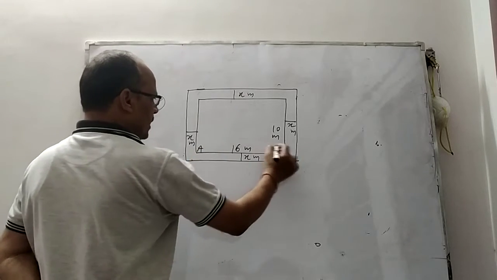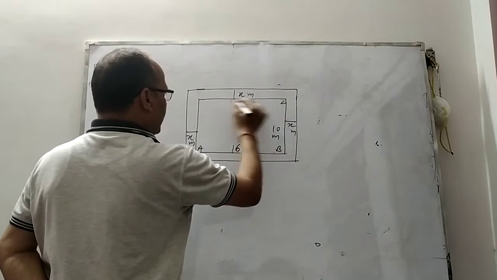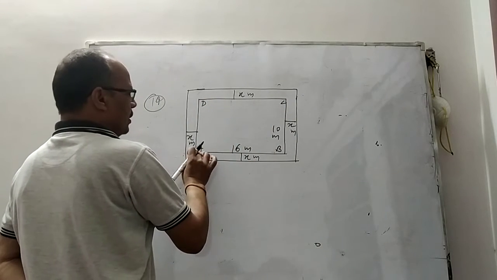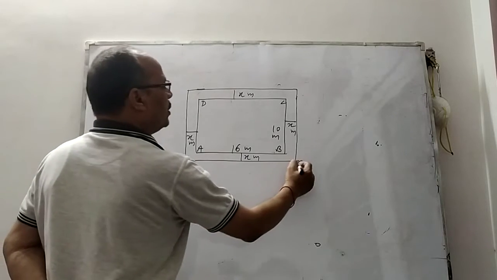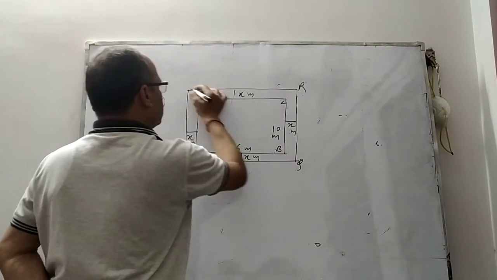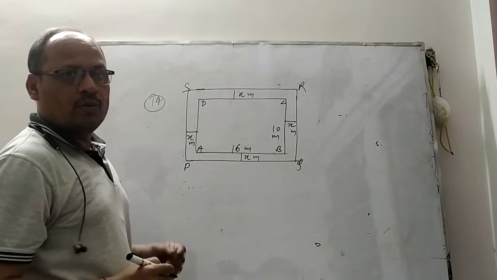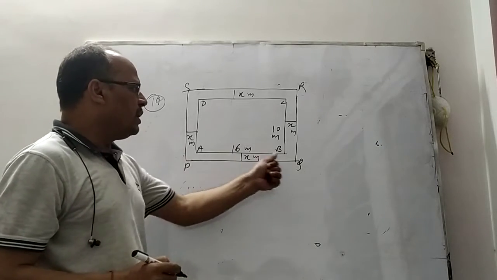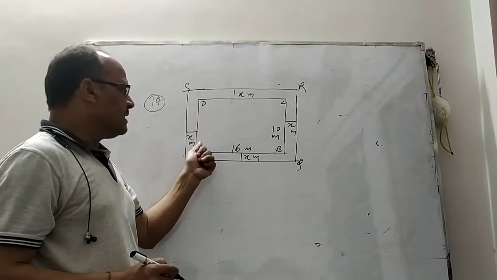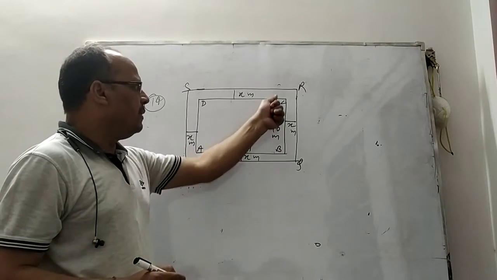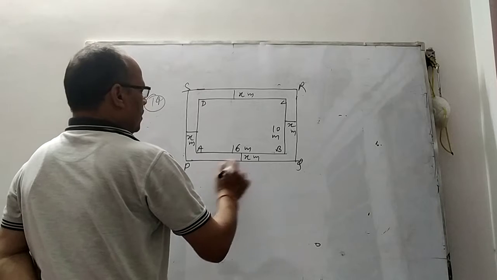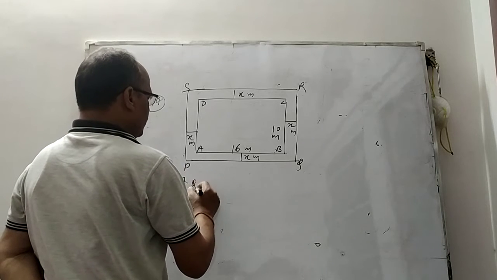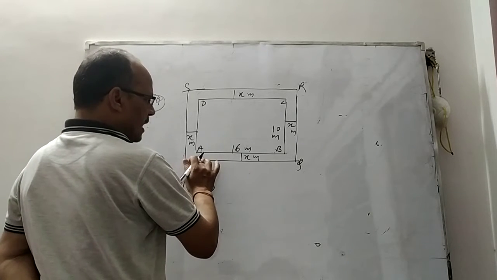Suppose this is the original rectangle ABCD, and then with the walk, the new rectangle is PQRS. The area of walk equals the area of rectangle PQRS minus the area of rectangle ABCD.